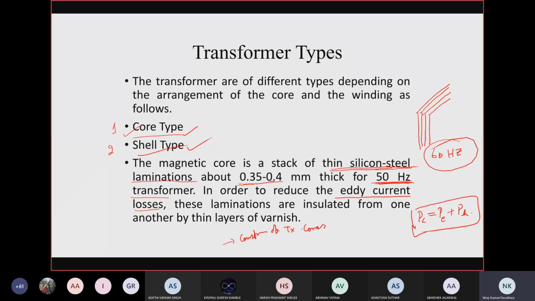What is the property and how the laminations are actually made, because in actual practice we don't have this thickness of laminations. We have to cut these laminations from magnetic materials, right? तो कैसे कटिंग किया जाता है, किस एंगल पे कटिंग किया जाता है, so that we can get the best magnetic property of the transformer cores. So all these things we will discuss in the next class, right?